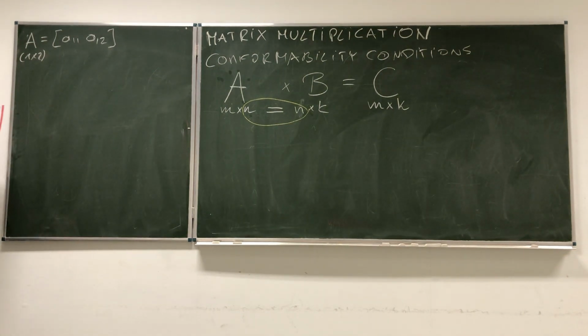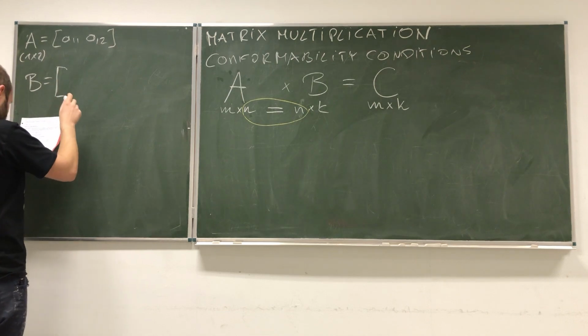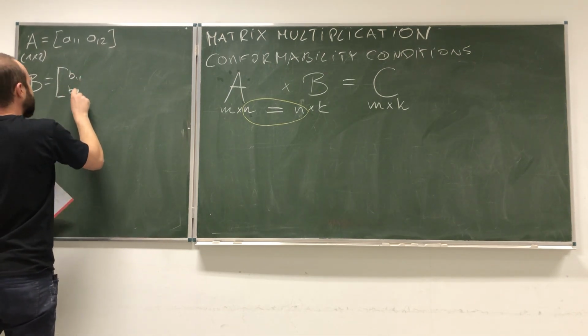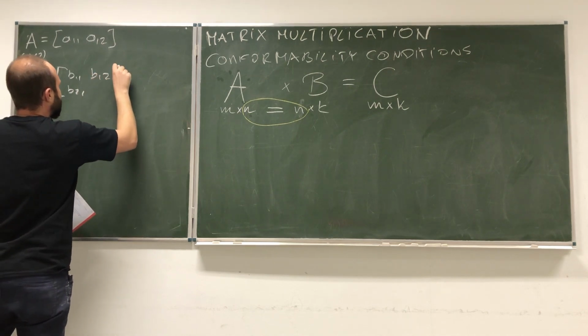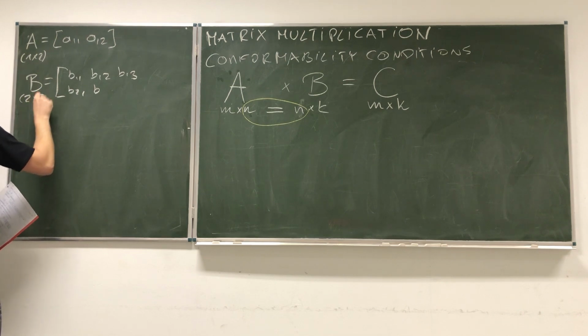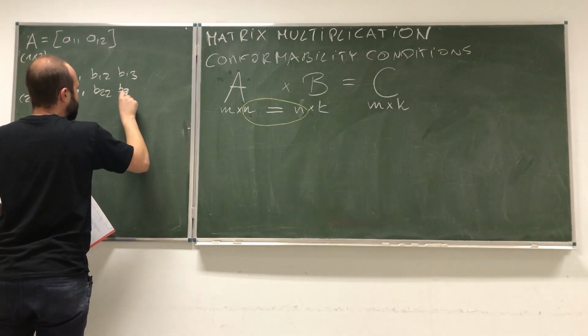And we want to multiply this by the second matrix, B, with elements B11, B21, B12, B13, B22, B23.